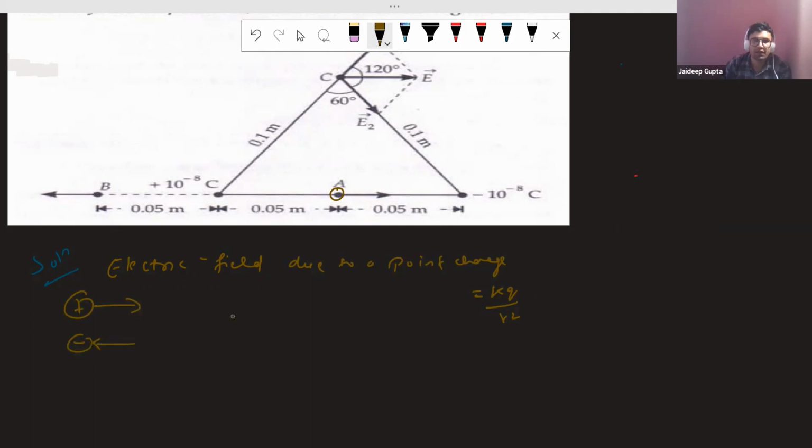First of all, we will calculate the electric field due to this positive charge at point A. Let it be E1. So E1 equals K, which is 9 into 10 to the 9, times the charge 10 to the minus 8 coulomb, over the distance 0.05 square, towards right.